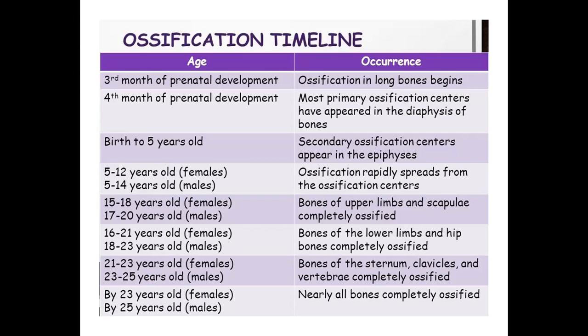So those of you who are under 25 years old, know that you do still have some bones that still have some level of cartilage in them. They're still ossifying. And for some of you, you still have growth occurring. So you may get taller because your growth plates are still growing, but the bones themselves are also still ossifying.